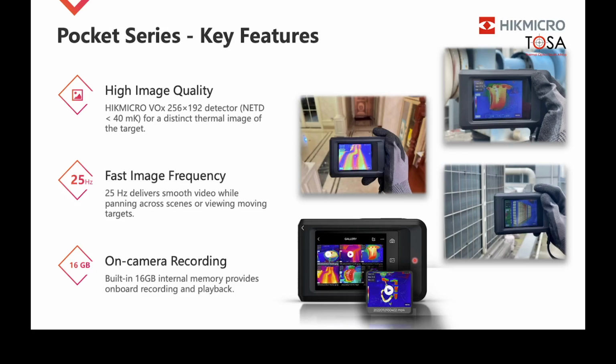The Pocket 2 that we will be showing you has a 256 by 192 detector, and is more sensitive than 40 millikelvin, which I can tell you is top of the line as far as thermal capabilities are concerned. Then very important is that the frequency of update is very fast.